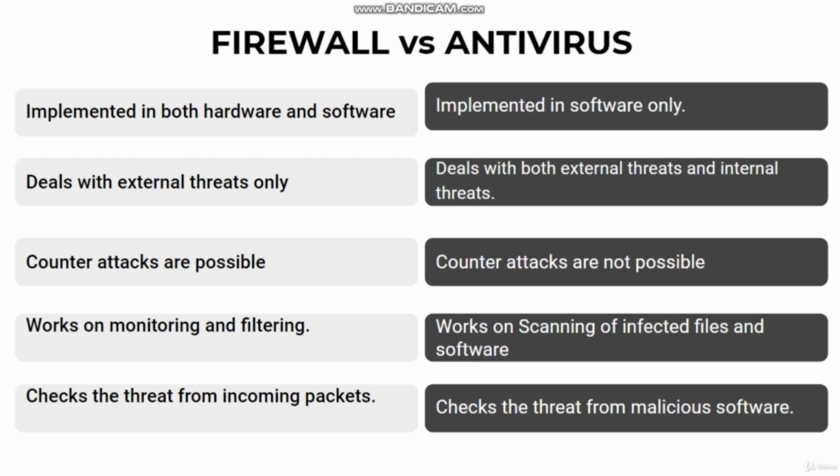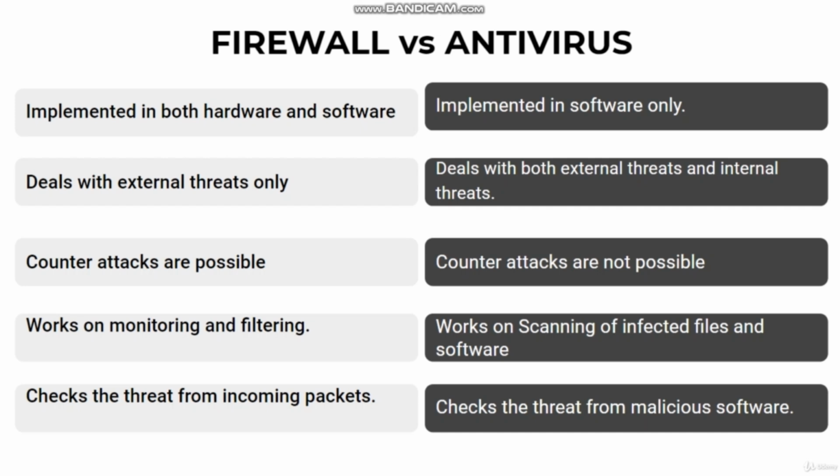Then, firewall counter attacks are possible. A firewall works on monitoring and filtering, since it filters packets and discards the packets which are not good, whereas antivirus works on scanning infected files and software.